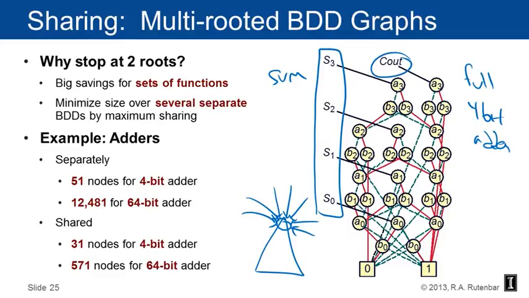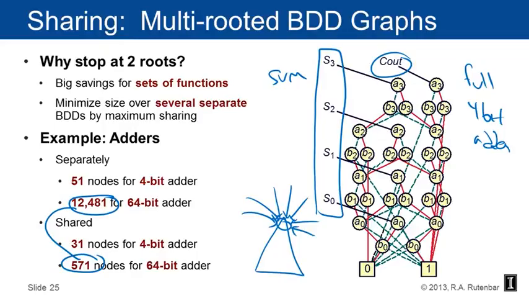Well, if you were to build the BDDs separately for each of the bits of the sum and the carry out, if you had a 4-bit adder, it would be 51 nodes, and it would be almost 12,500 nodes for the 64-bit adder. But if you shared them, it's 31 nodes for the 4-bit adder and 571 nodes for the 64-bit adder. Now look, the difference between 51 nodes and 31 nodes is no big deal. The difference between 12,000 nodes and 600 nodes is a factor of what, 20? That's a gigantic savings, and it just gets bigger as things get bigger.